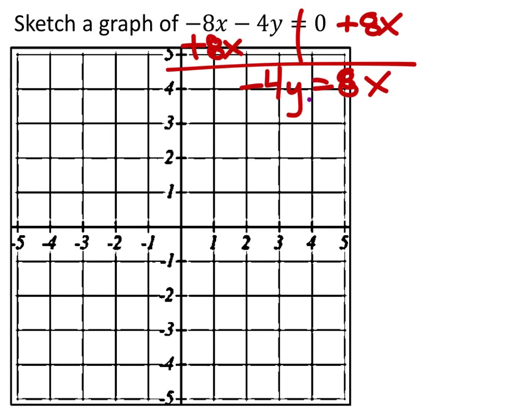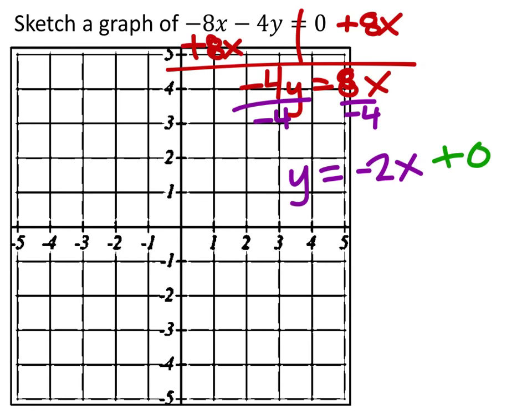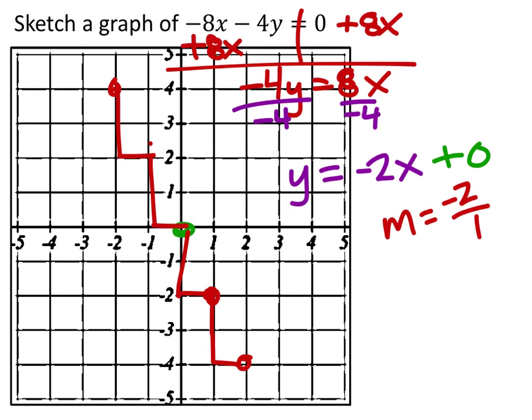All I need to do now is get rid of that negative 4, and I got y equals negative 2x. Now if you really like, you can show the plus 0. That would give you your y-intercept. And from there, we got a slope of negative 2, same as the last problem, right? We'll make that over 1. So down 2 to the right 1, down 2 to the right 1, and the pattern continues. And we got our line. That'll do it.